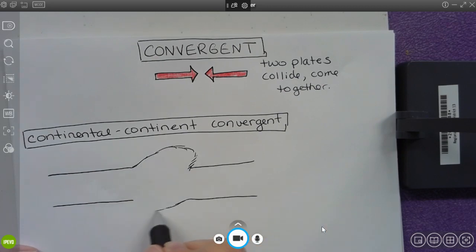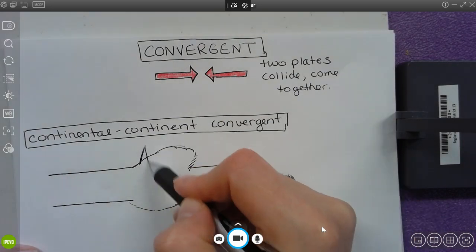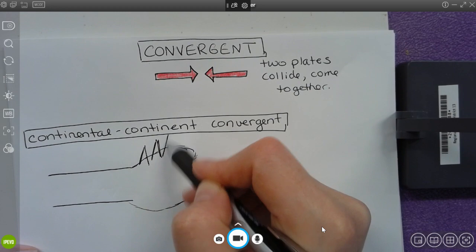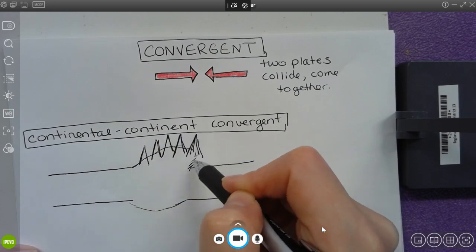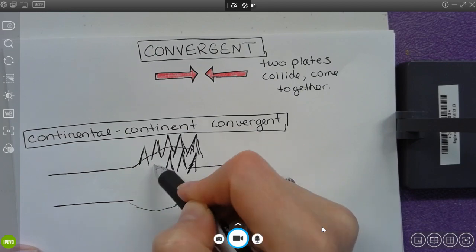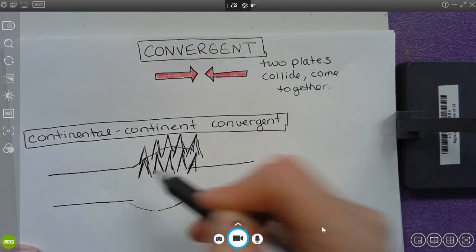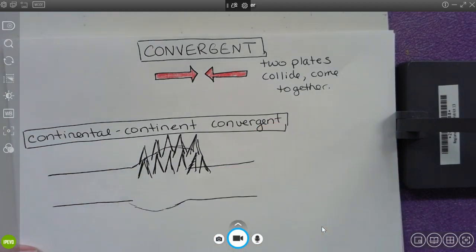There is some that goes down too. But what ends up happening is you end up creating these mountains that are pretty jagged. That is a terrible picture, and I apologize. But I think you kind of get the idea.